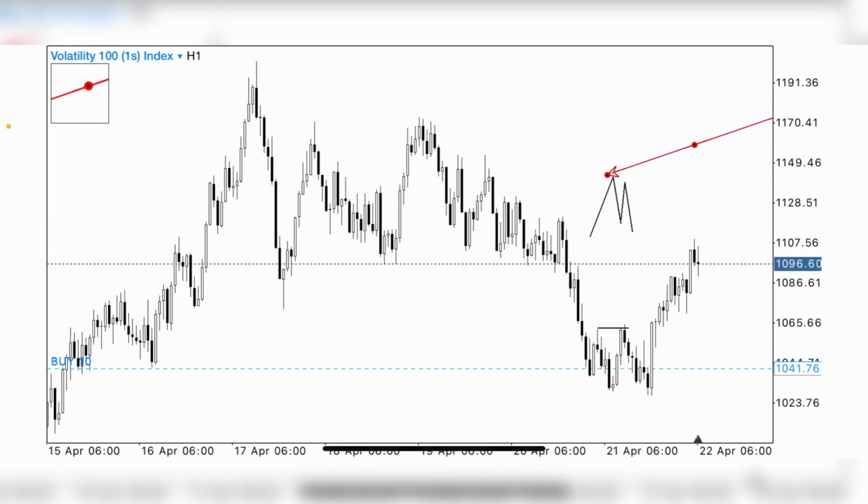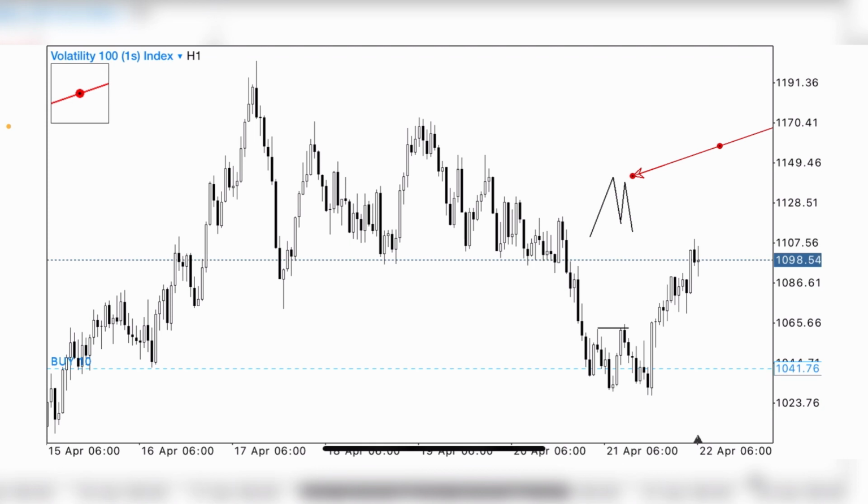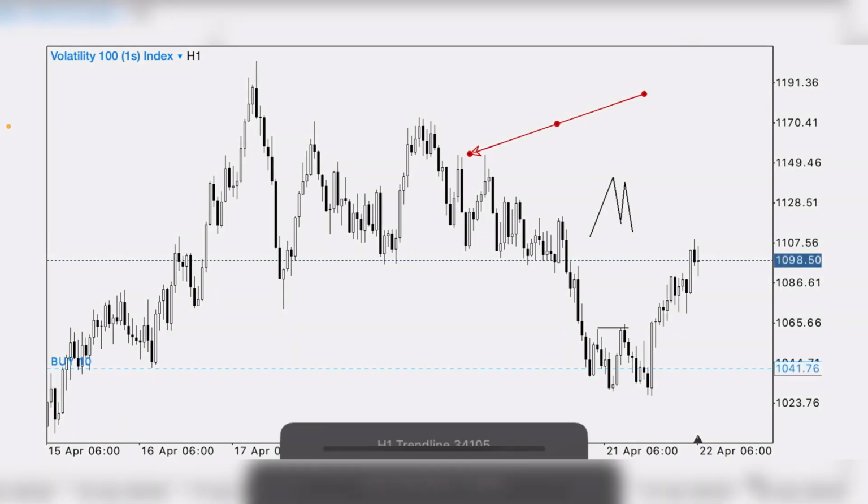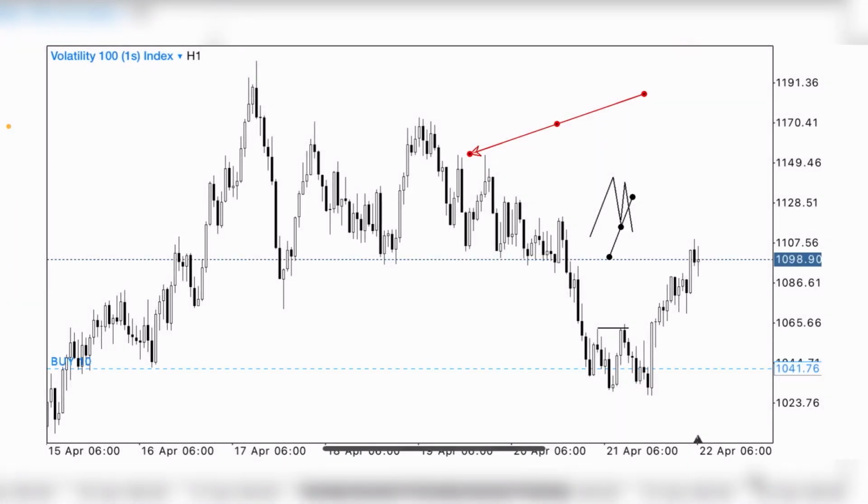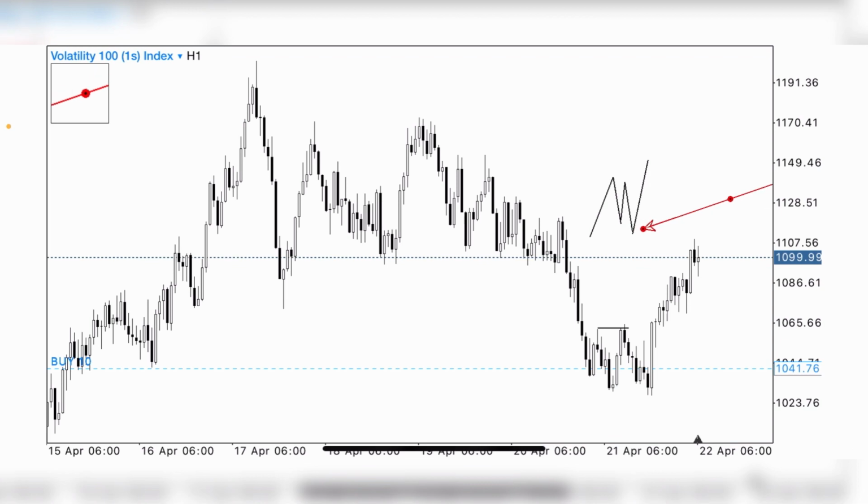Now this is not an inducement low, because we refused to break this structure to the upside. Until we have this break of structure to the upside, when we have it this way, then this can become our inducement. This particular low can become our inducement.